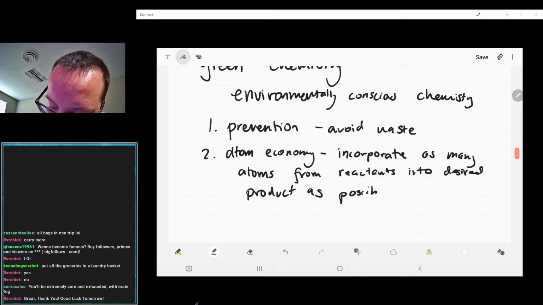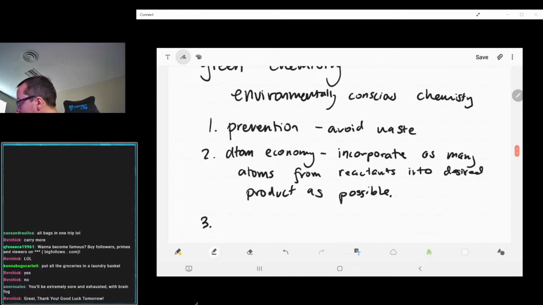So we don't want to use 16 different reactants to make one product, where most of those reactants don't even figure into the product. We'll see some examples of atom economy later. We want to avoid making waste. That's the idea here. The more atoms we can integrate into our final molecule, avoiding waste products, that's going to be the atom economy side of things.